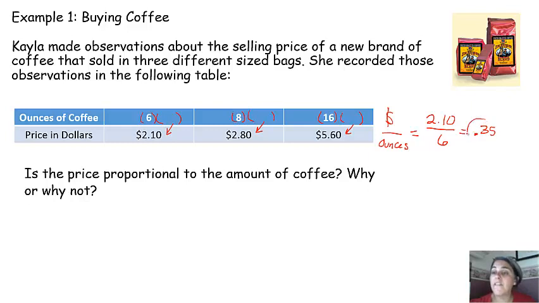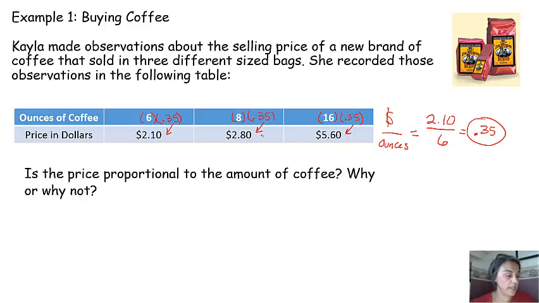That gives me the value to try to multiply by. So right here I know 6 times 0.35 gives me 210. I'm hoping that 8 times 0.35 gives me 280, and that 16 times 0.35 gives me 560. If it's 35 cents per ounce in each bag, that means this is a proportional relationship.